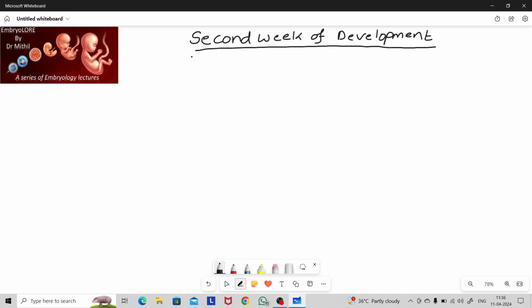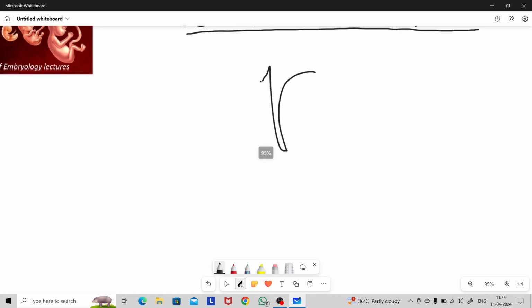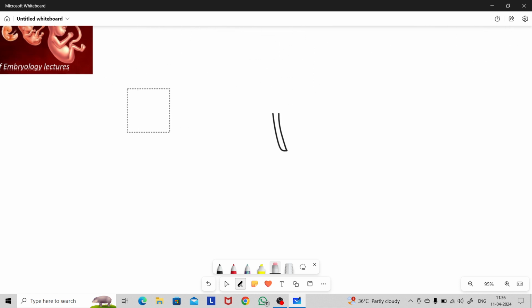Now the second layer which is formed here.